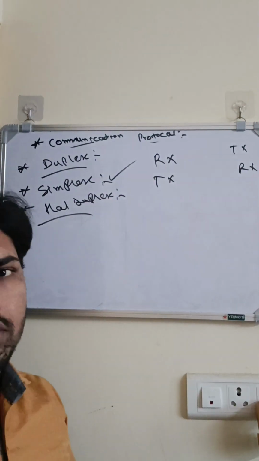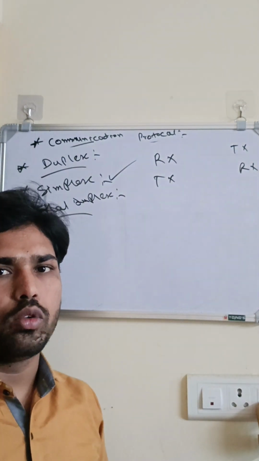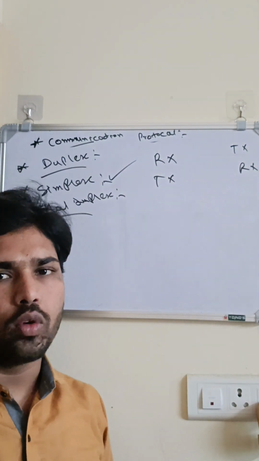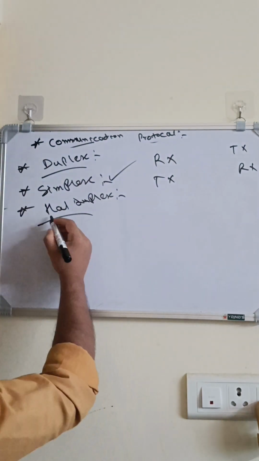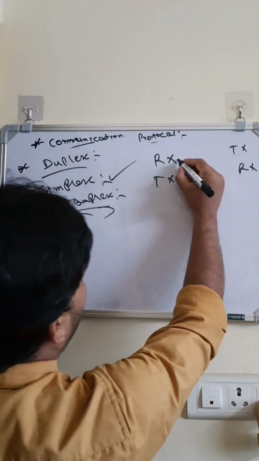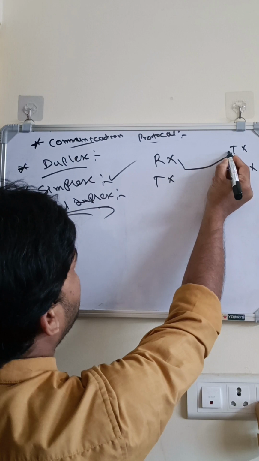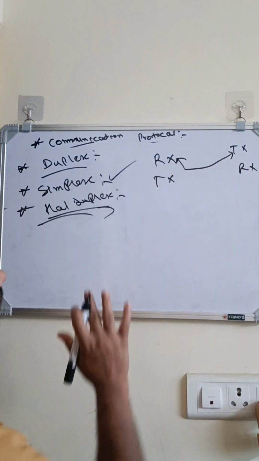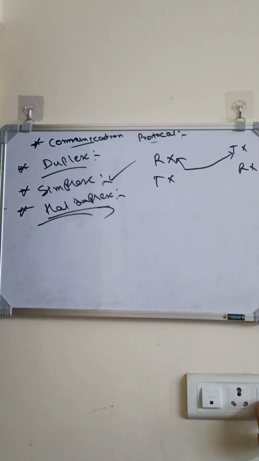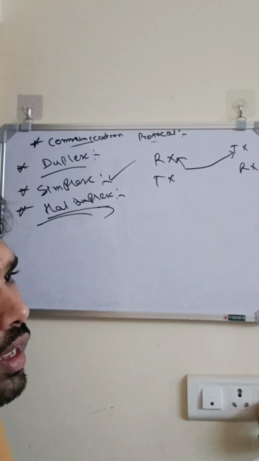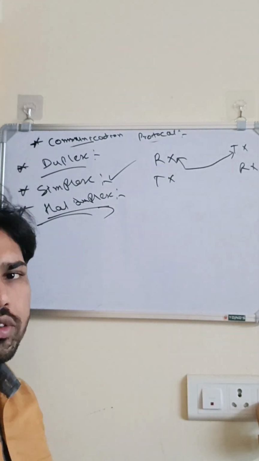In half duplex, there are 2 TX and 2 RX, and the direction is two way between TX and RX, but only one way is used at a time. So like that we can transmit TX to RX, RX to TX. Basically there are 2 directions, but only one way at a time. That is known as half duplex.